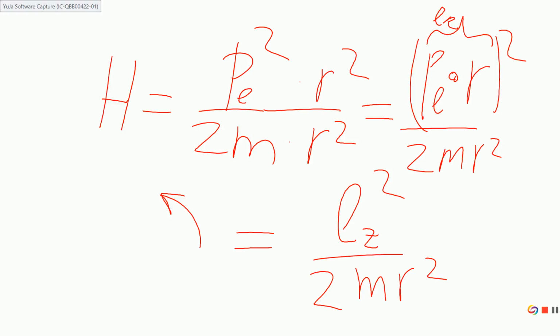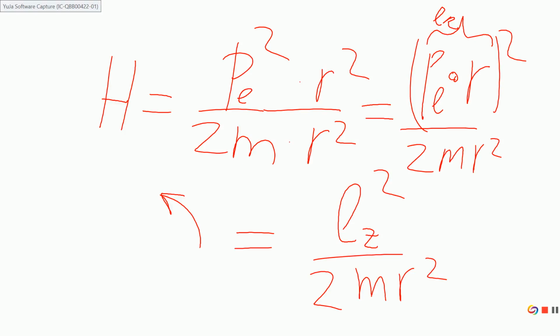P squared over 2m. Now, one can multiply and divide by the same R squared. In the numerator you have P squared R squared. Can we combine them as P times R, and the square we will also keep? Good. In the denominator, you have 2 times mass times R squared.